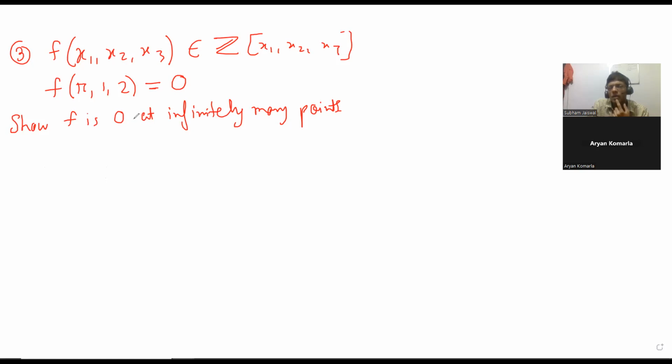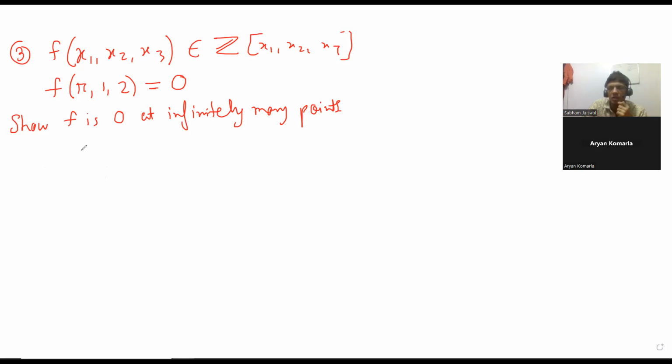So what would we do here, sir? When you look at it, it looks like you have to use that pi is transcendental. What is the meaning of pi is transcendental?